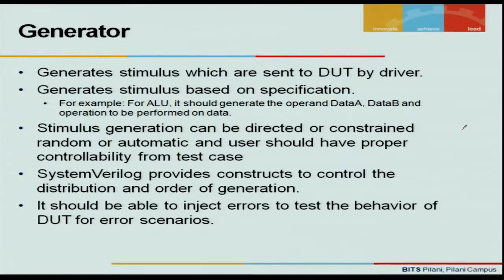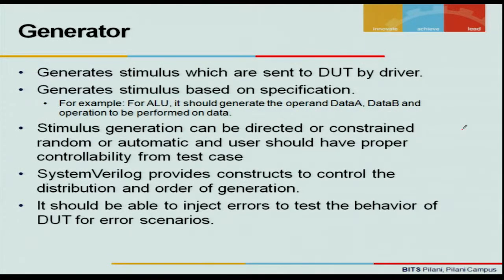Now stimulus generation can be directed, constrained random, or fully random, where we write data A and data B and let the tool decide what values it is going to generate. But if you are going for directed or constrained random, the user should have proper controllability from his test case.